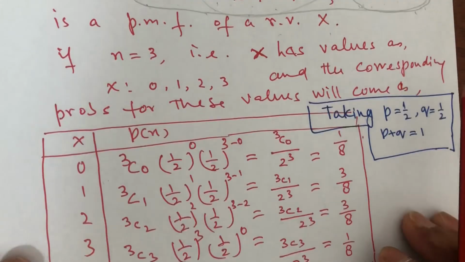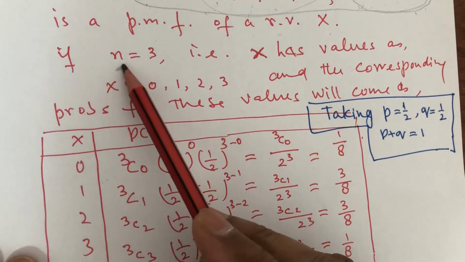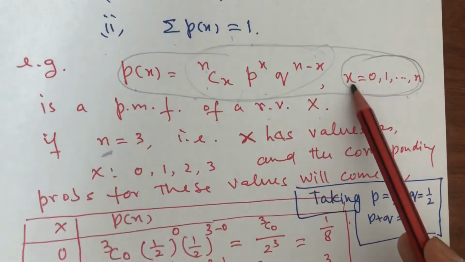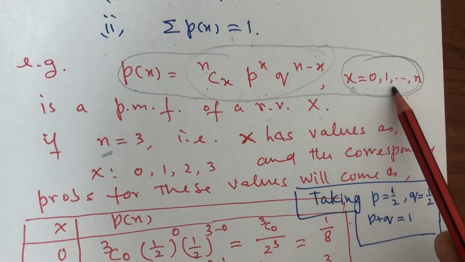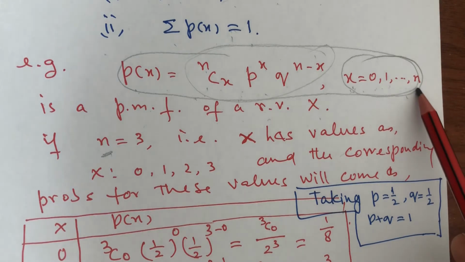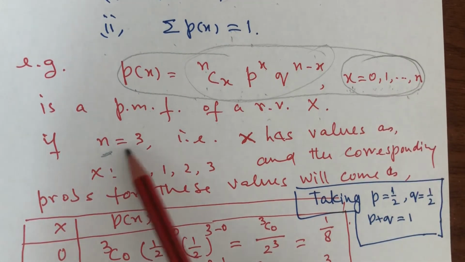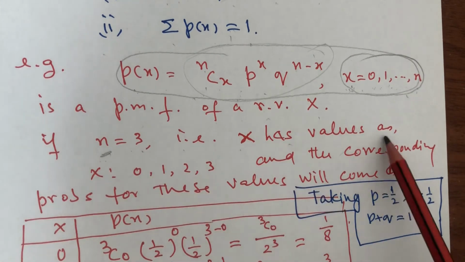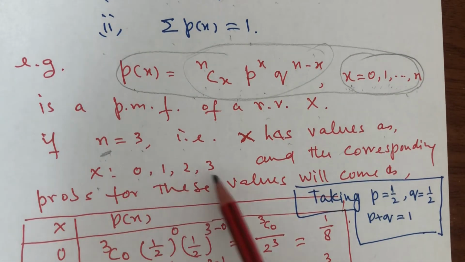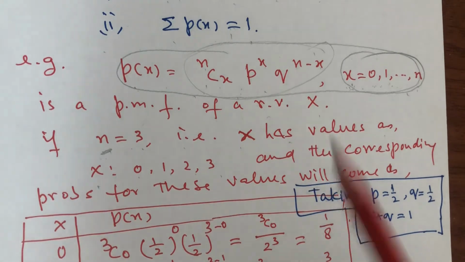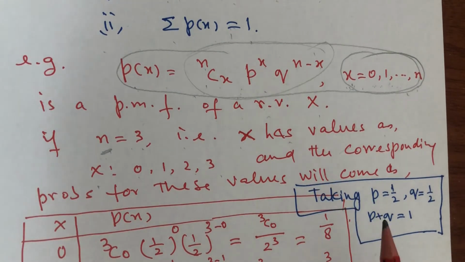Now I write one example. If this n is 3, because the maximum value x can take is n, that is, x takes values 0, 1, 2, 3. Then I will see how this function behaves in calculating the point probabilities.